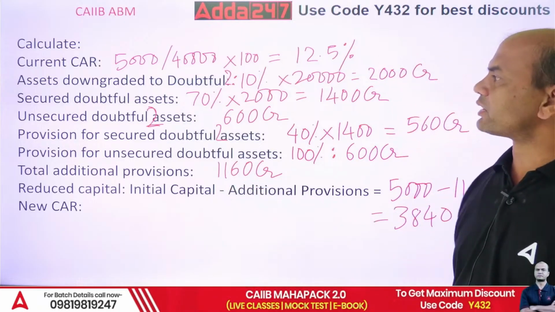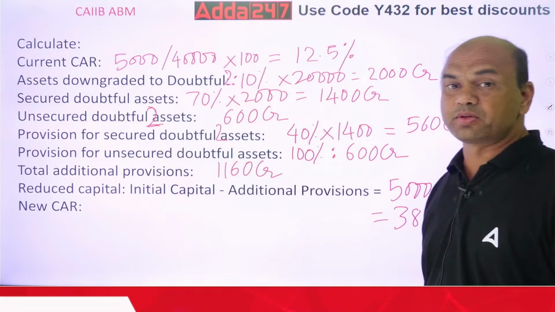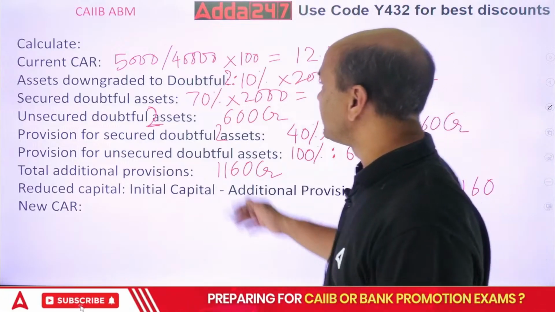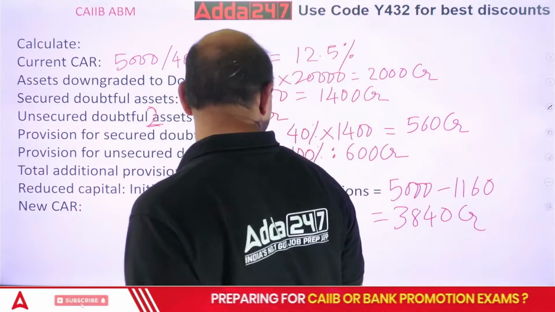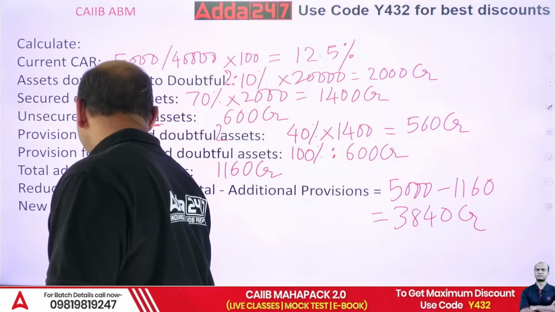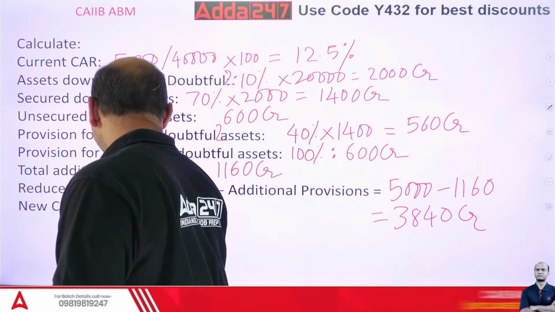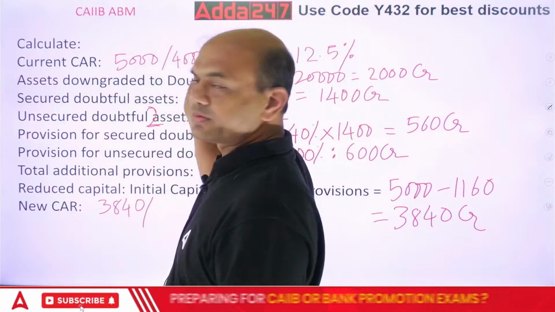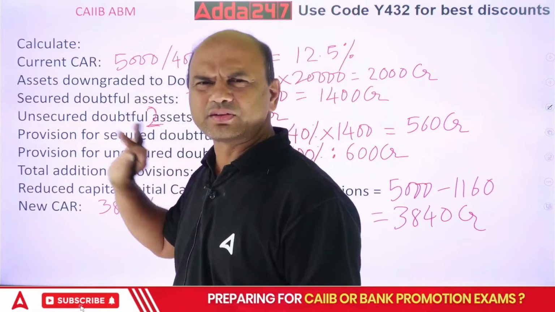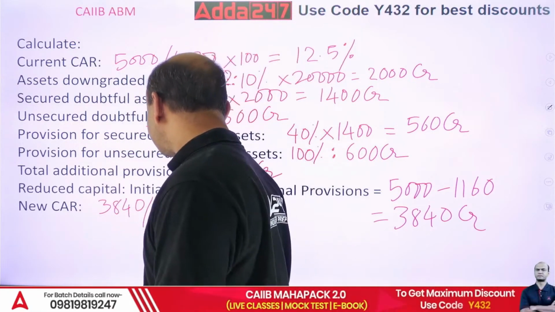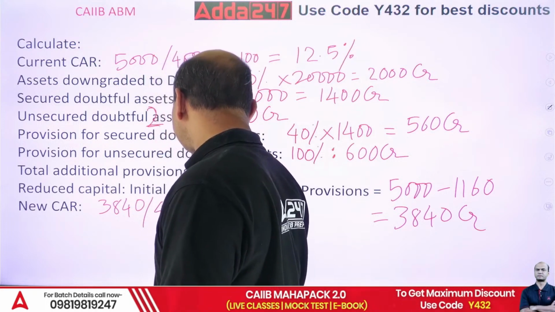New CAR, new capital adequacy ratio. Now RWA remains the same, but your capital has reduced. So new CAR is 3840 divided by, what is that? RWA 40,000. That is the same, that is not changing. So 40,000 into 100.